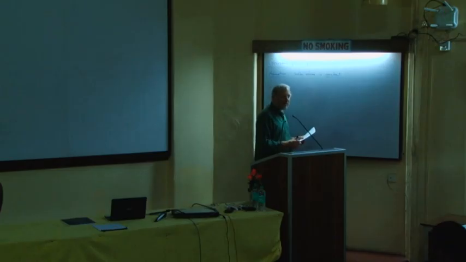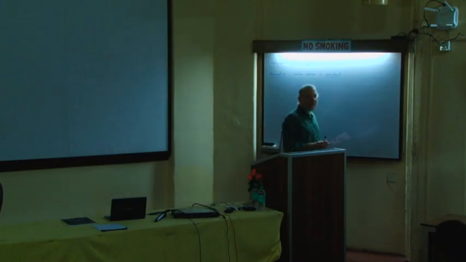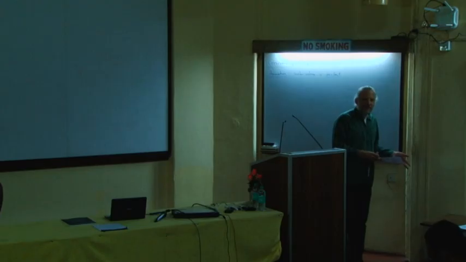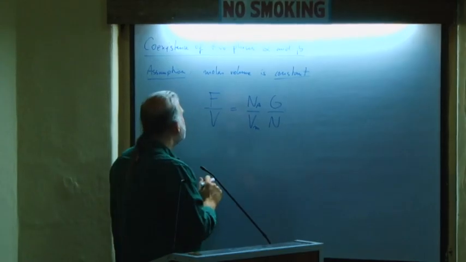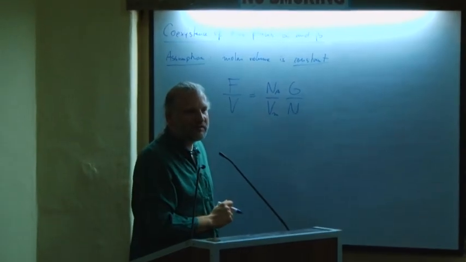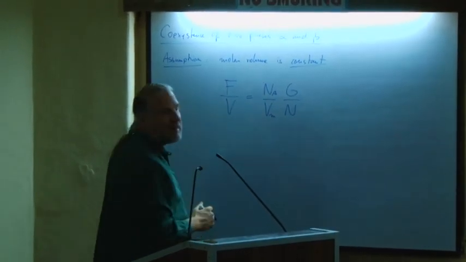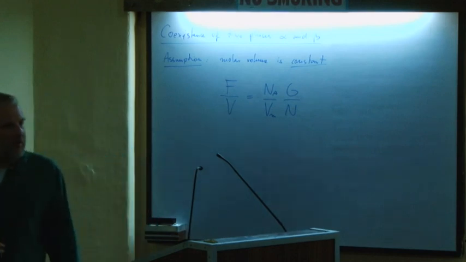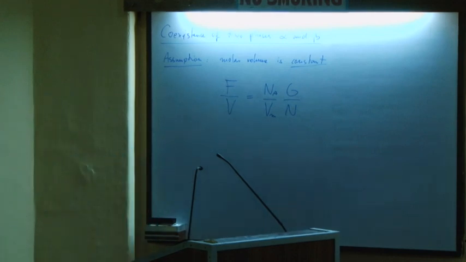Okay? But one of the nice consequences if the molar volume is constant is that it doesn't really make a difference if you use F, the free energy, or G, the free enthalpy, or the Gibbs free energy. Why is that? Because F and G are just proportional to each other. So in many papers you will see that people write down phase field models using the Gibbs free energy G and not the Helmholtz free energy F, which in principle is a problem, because if you write down a Gibbs free energy, the volume is not fixed.